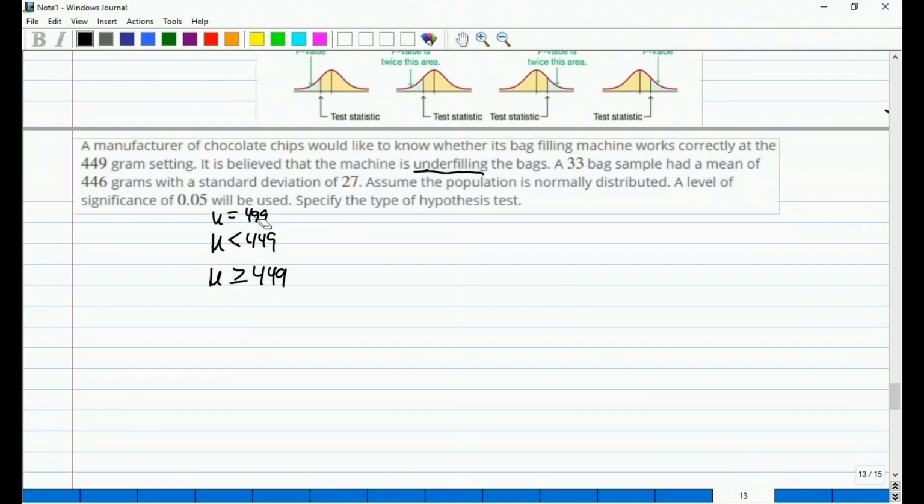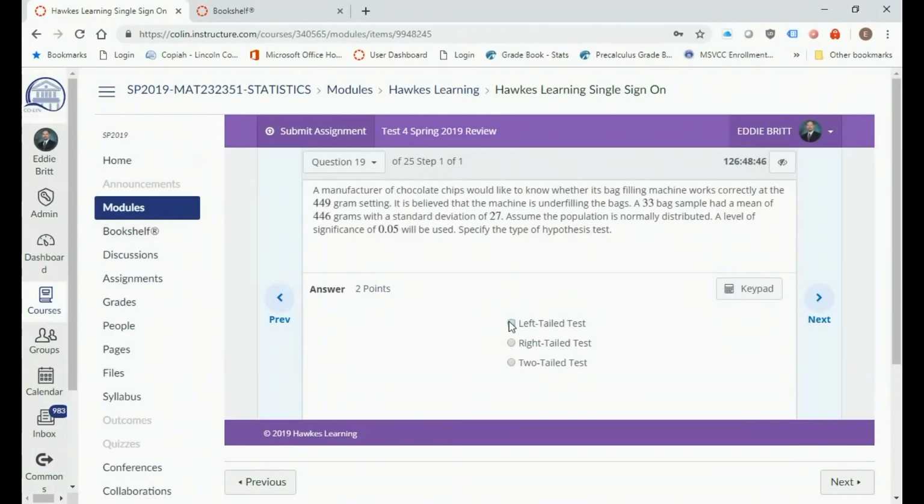And that was 449. I'm going to erase that one. So there's our null. Here's our alternate hypothesis. Since it's less than, it's left-tailed. All right, that's what it wants. If that's what it wants, that's what I'm going to give it right there.